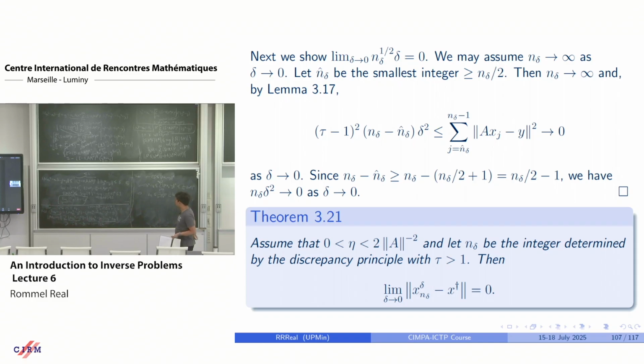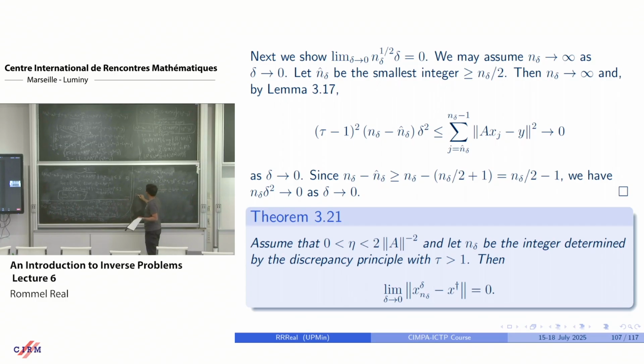Note that the regularization parameter given by n sub delta could converge to a finite number, or it could converge to an infinite number.